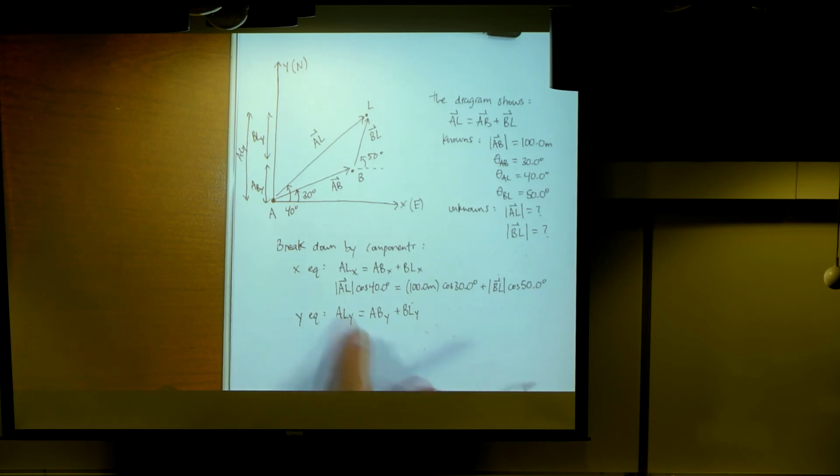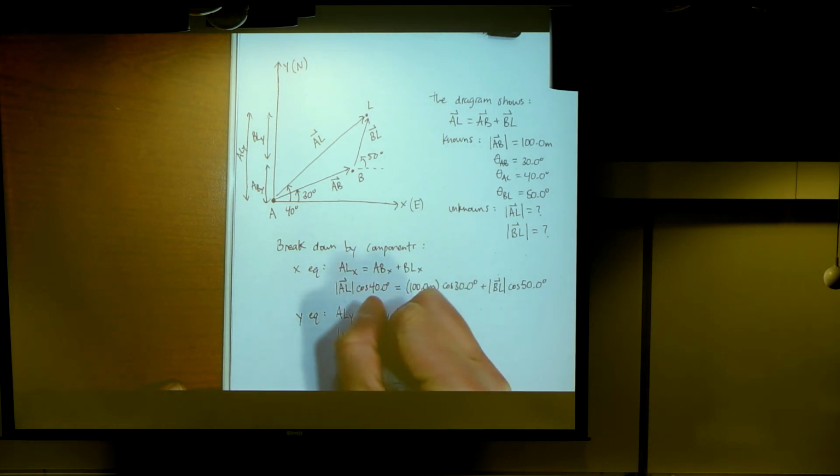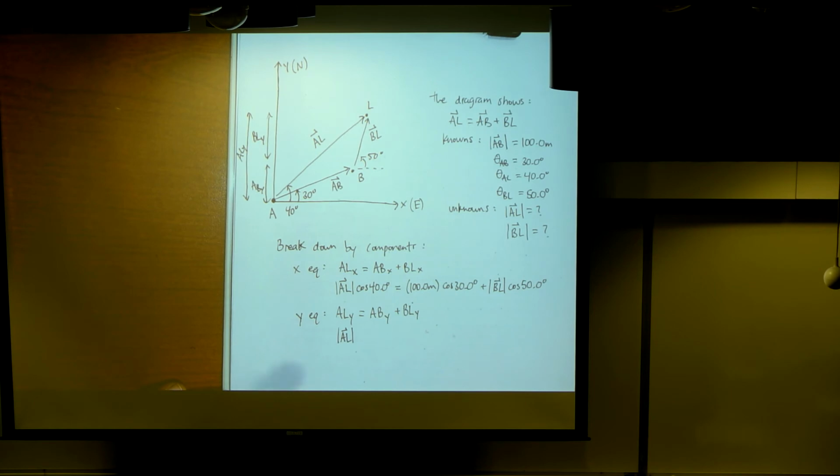But anyway, back to the equation, okay? I have AL y component. That's going to be the magnitude of AL times what exactly? Sine of the angle associated with this vector, which is what? 40 degrees. Okay, then I have ABY.